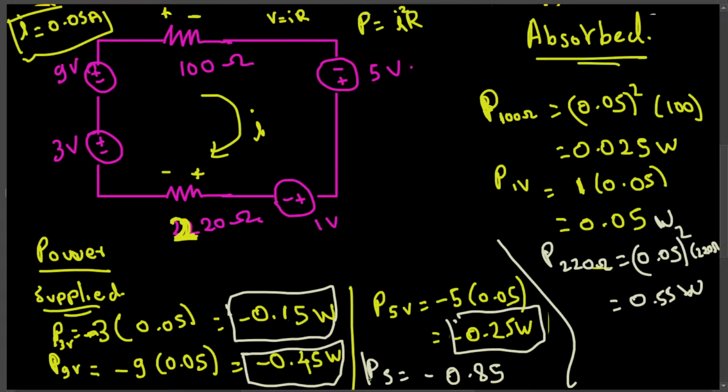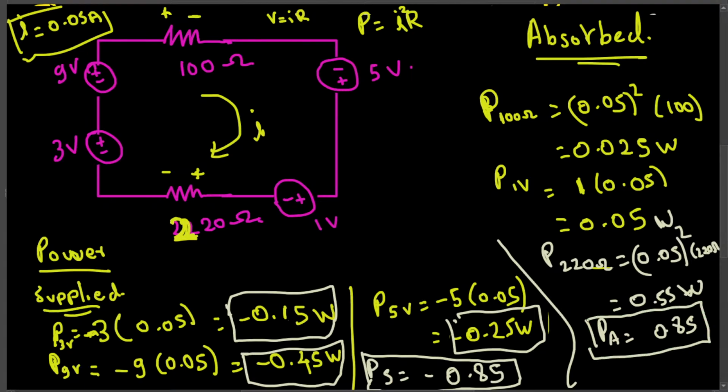So this is the whole power supplied. This negative represents supplied. And if you add all of these power absorbed together, you're going to get positive 0.85. So you can see both of them are equal, but the sign is different, like power absorbed is equal to power supplied. So this is conservation of energy.